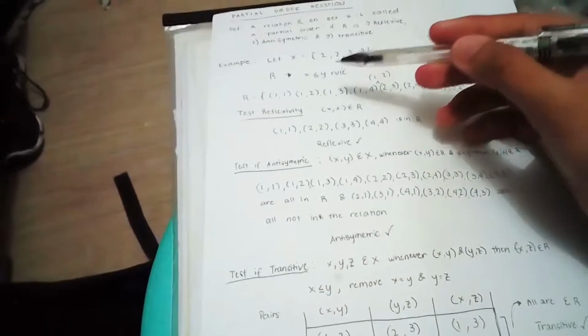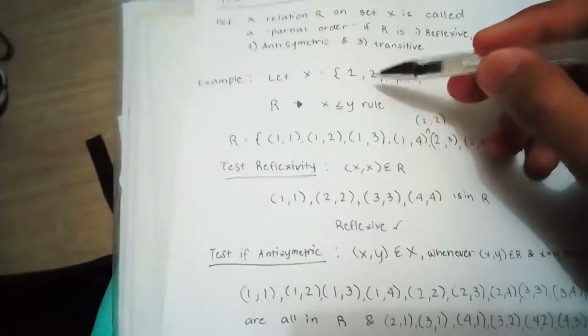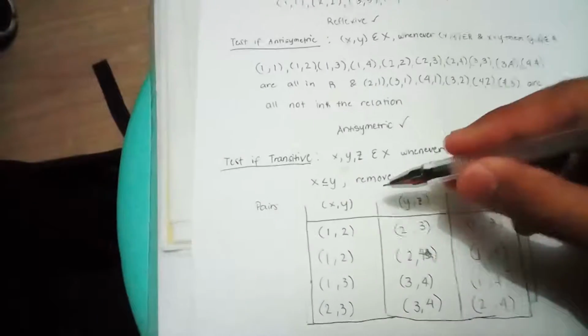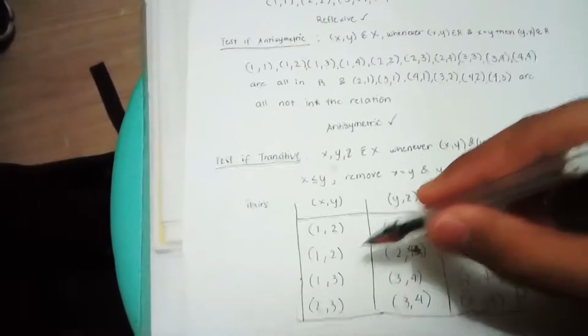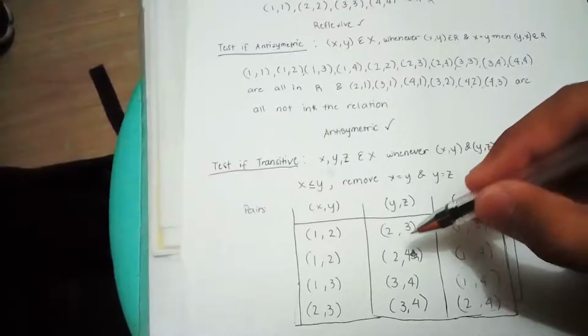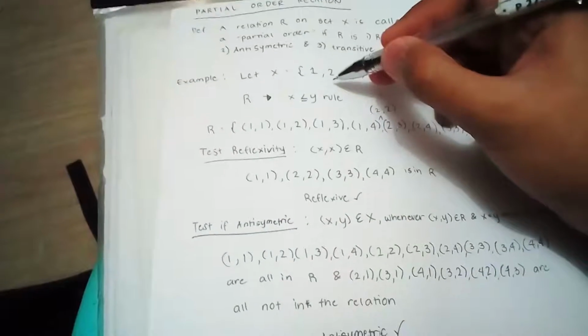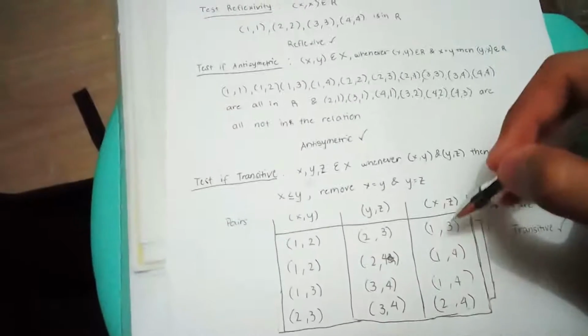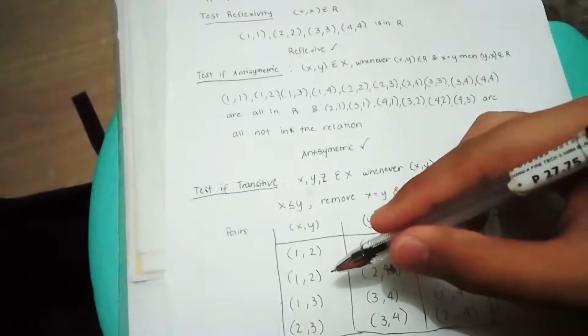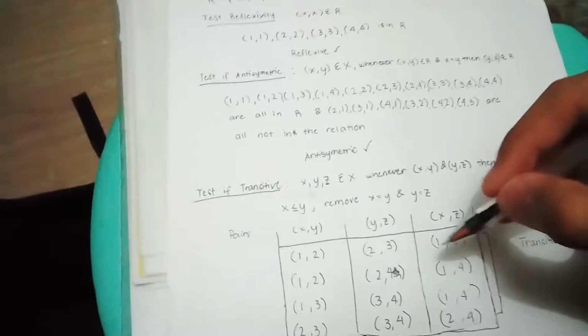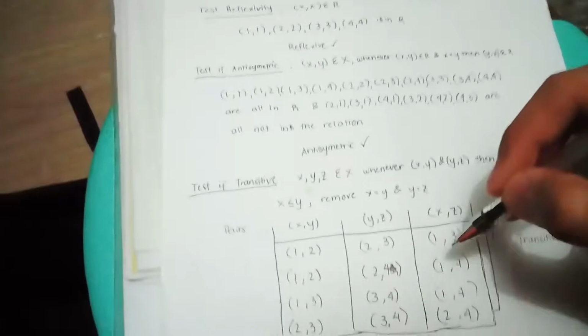So next dito, tingnan ulit natin. Ang next is, ito yung ginawang x, y, and then ang z natin is yung 4. Kaya dito, (x, y), 1 and 2, then 2 and 4 yung (y, z), kasi ito yung naging y, ito yung naging z. So para makuha yung (x, z) dito, ito yung x, gagamitin yung x dito, so 1, gagamitin yung z dito, 4. (1,4).